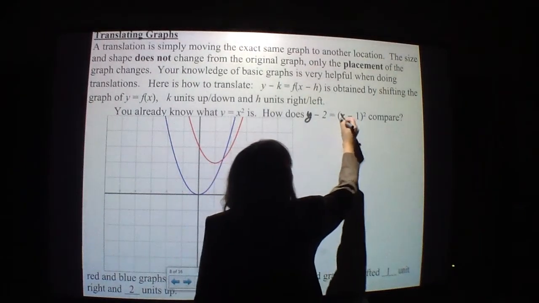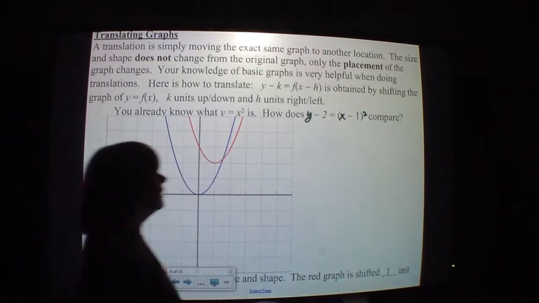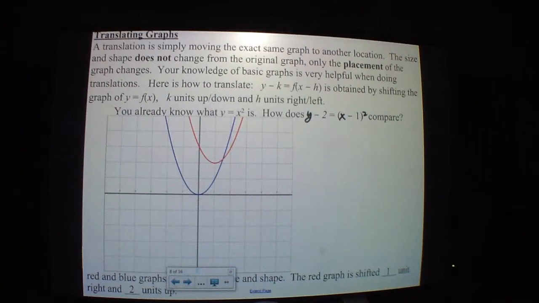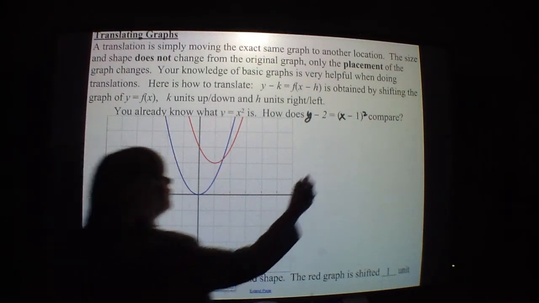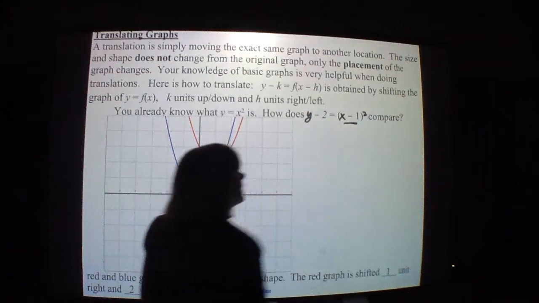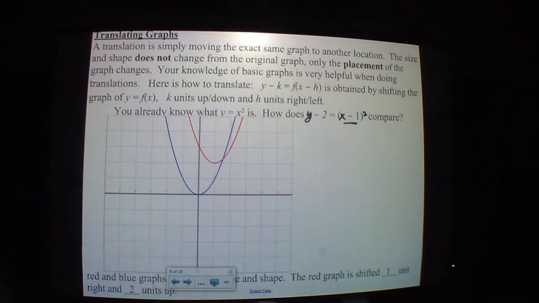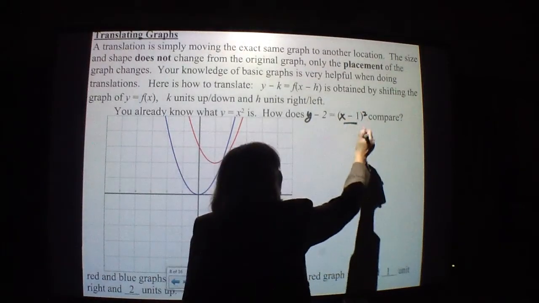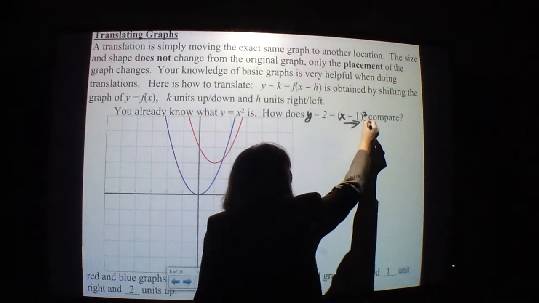Y is equal to x, and there's my squared. It just has a minus 2 with the y and a minus 1 with the x. So you would start with your base function y is equal to x squared. If you have some number with the x, that's either a right or left movement. And on this one, since it's minus 1, it's right 1.